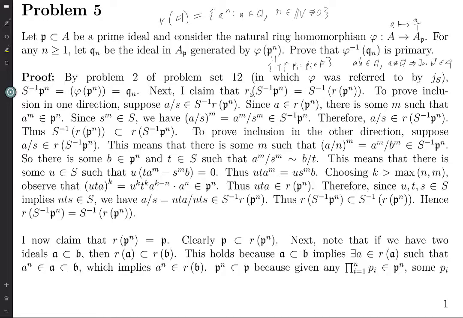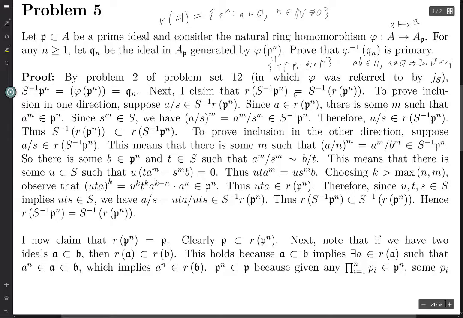Anyways, so I claim that this equality holds, and how do you prove equality of sets? You prove it by inclusion. So first, suppose we have an element here, we'll prove it's in here. So take an element a over s in S inverse of the radical of P to the n. This means that s is in S and a is in the radical of P to the n. So since a is in this set, there is some m such that a to the m is in this ring.